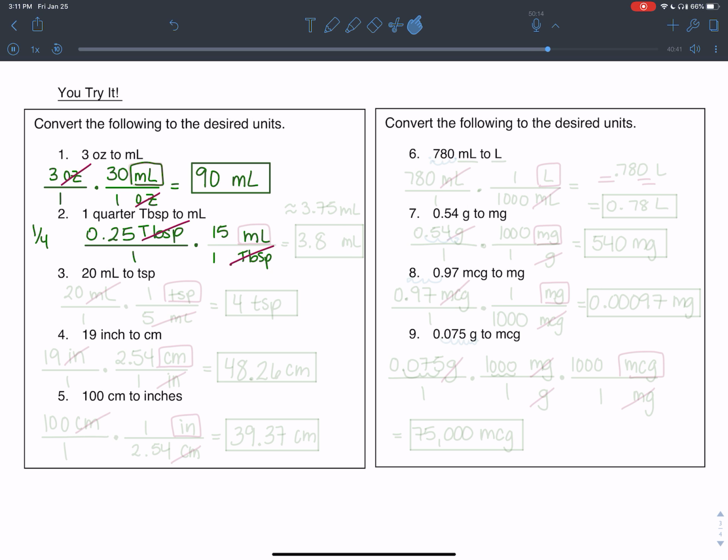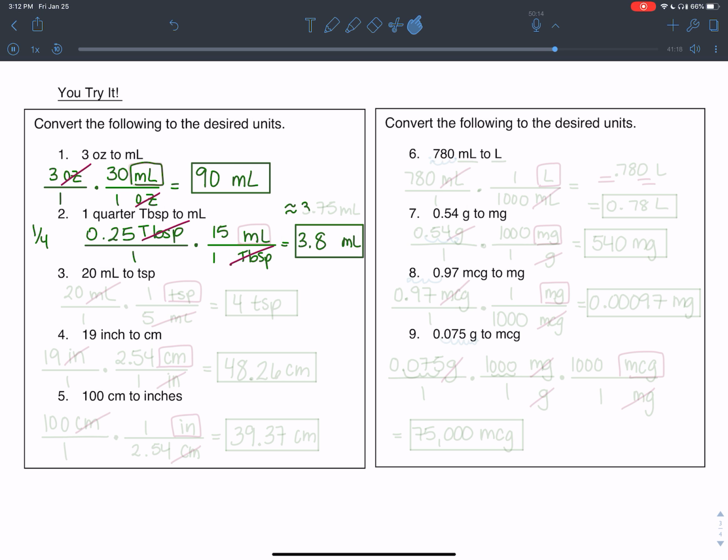So on my calculator, 0.25 times 15 equals 3.75 milliliters. I can't stop there because this is above 1, right? And so I have to round appropriately to 3.8 milliliters. Sorry for the bad writing and board work.